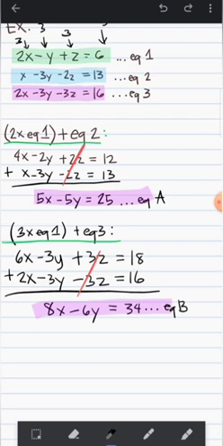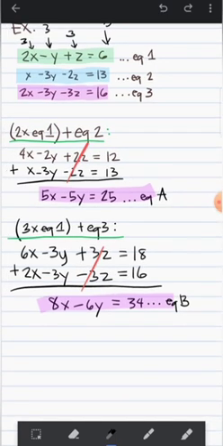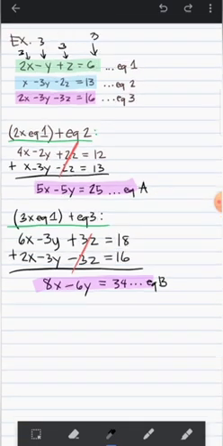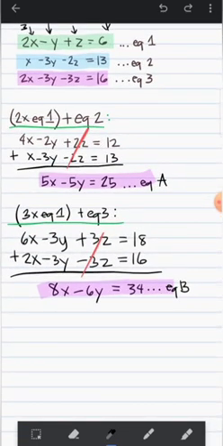I think both of them are easy by finding their LCM, or least common multiple. So let's say we want to eliminate the x. Or let's say y instead. Let's eliminate y. So what is the LCM of 5 and 6?